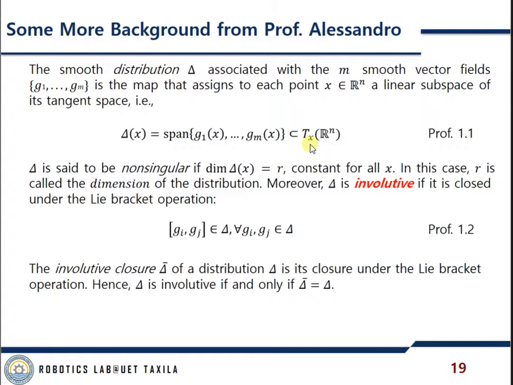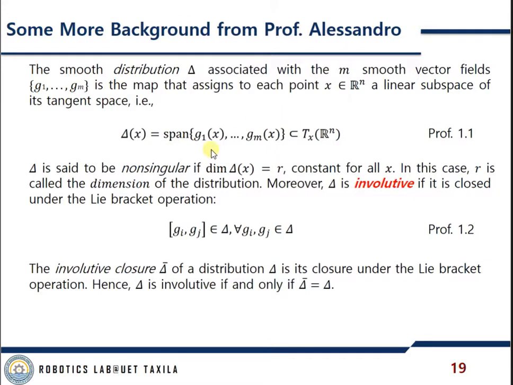So what it means is basically the smooth distribution is a map that is assigning this x a linear subspace of its tangent space. Tangent means x dot. So this distribution is mapping, and these are the vectors which span the space.